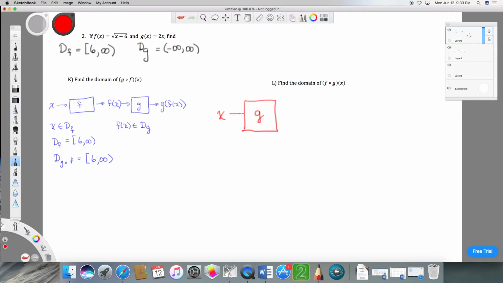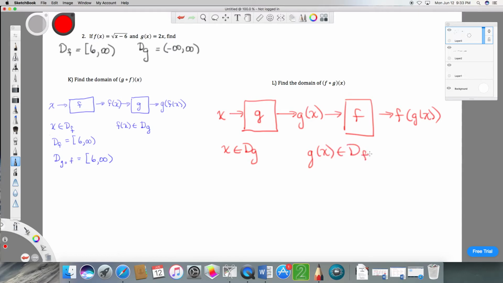The input into g of x has to be in the domain of g, and the output of g that becomes the input for f has to be in the domain of f. All right, so the domain of g was all real numbers, so we don't have any problems here. Anything that we plug into g, we're going to get an output.